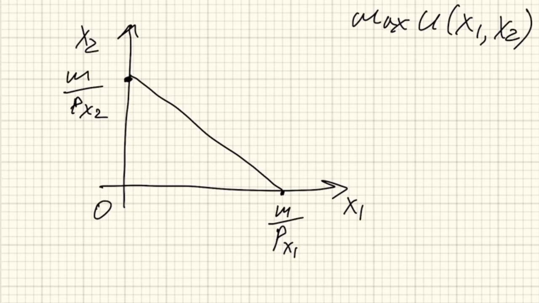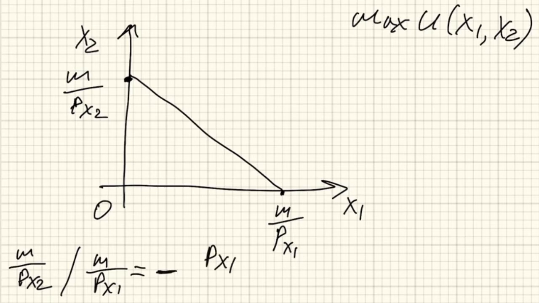This has all been covered in excruciating detail, and the slope is rise over run. So when you take rise divided by run, you get a minus sign, don't forget, and then price of x1 divided by price of x2. So this is the ratio of prices, indicating that when you go to the marketplace, you observe the prices.